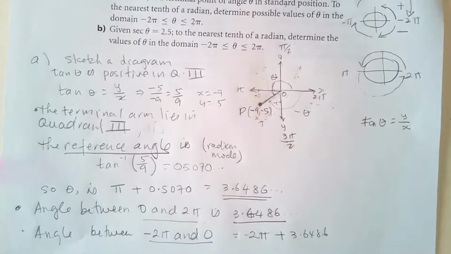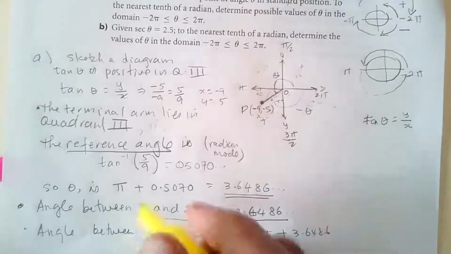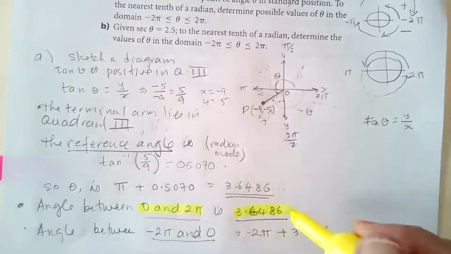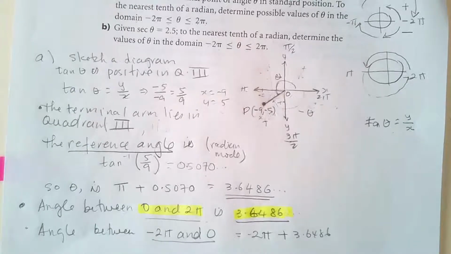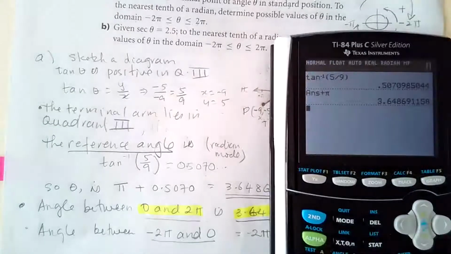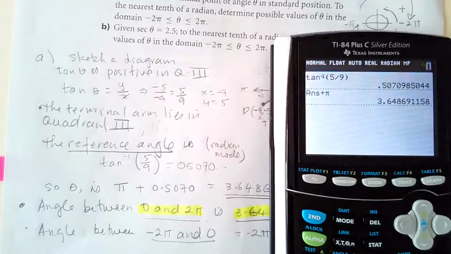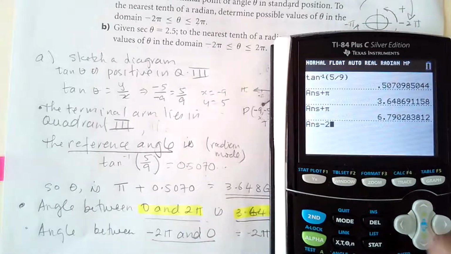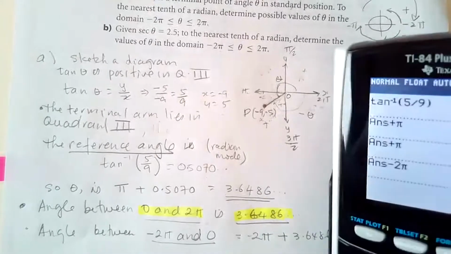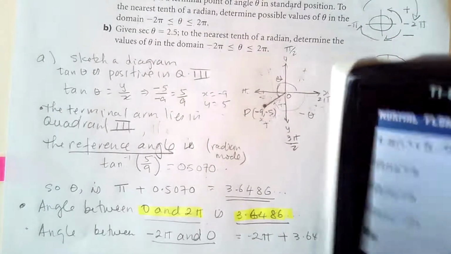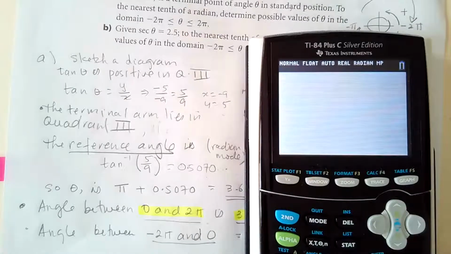So I'll highlight the answers here. Our first answer, if we were to add that, we get, go back to my calculator, negative 2 pi. Oh, I didn't do this correctly. Okay, let's do this again.